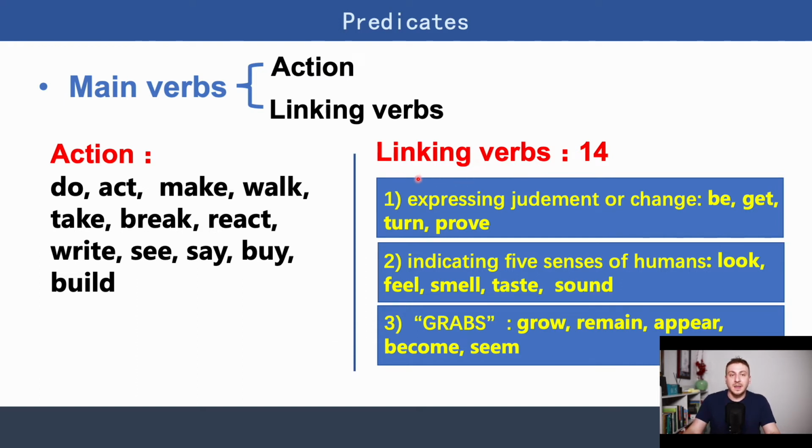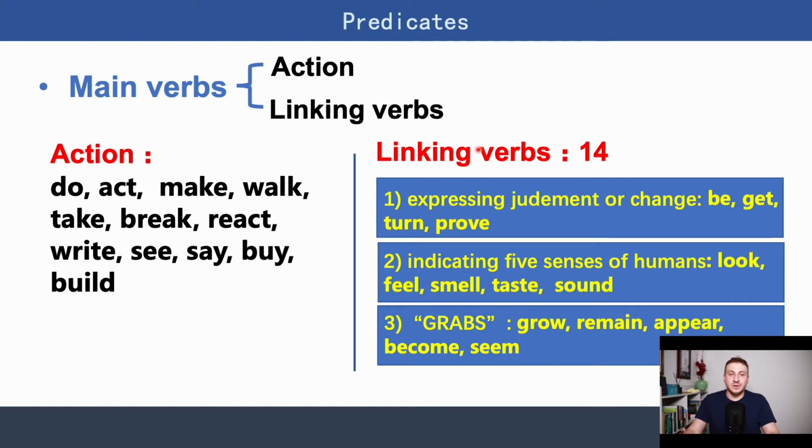Like, for example, let's say Zach is tall, right? Zach is tall. There is no action with this, there is no progress with this verb is, right? Because it is just used to describe the subject. So is acts as a linking verb, and then tall is an adjective and describes the subject.